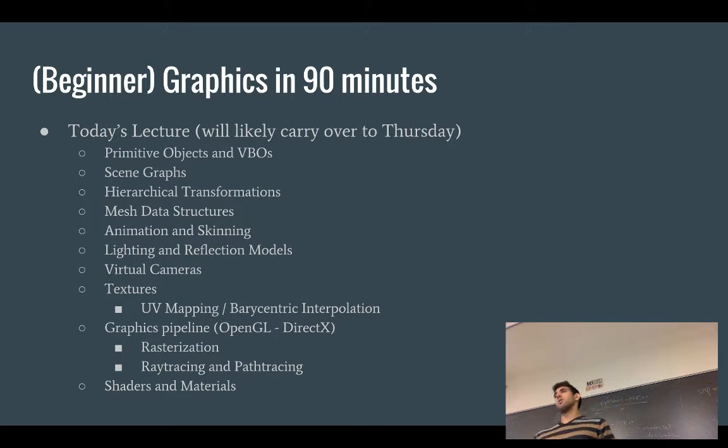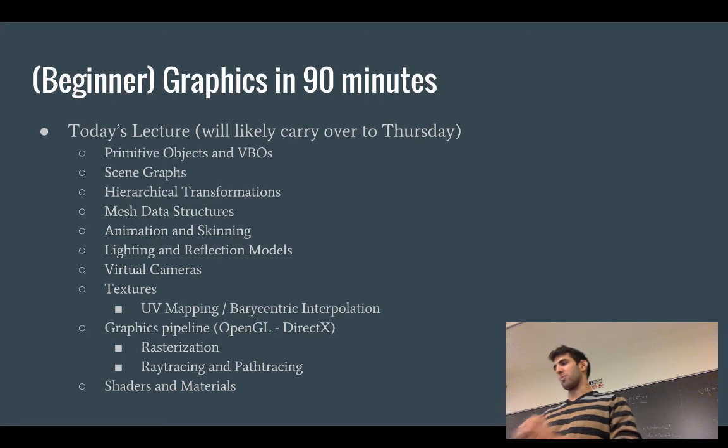Okay, so broad scope of things we're going to cover today. There's a lot of big words up on the screen, but we're going to try to just take it one step at a time and go very simply through everything. If you've taken 460, there's a couple of you in here, or you know graphics, this is going to be super boring. You're welcome to stay and refresh, but just understand that it's going to be a little repetitive.